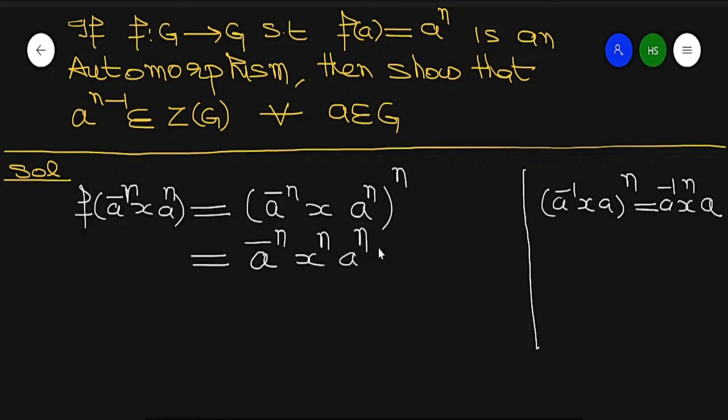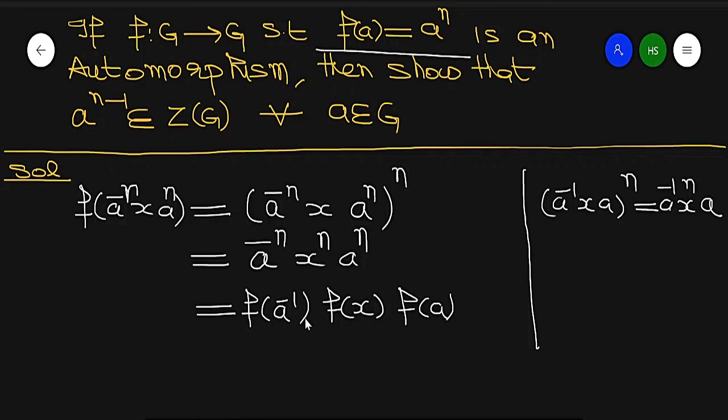To simplify using the definition of automorphism, this is f of a to the power minus 1, f of x, and f of a.